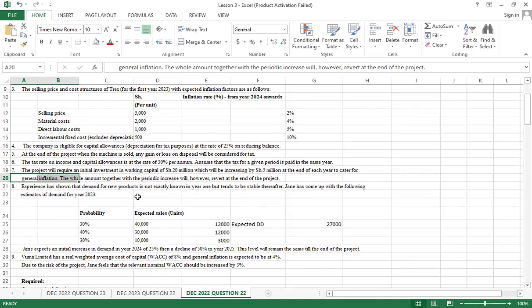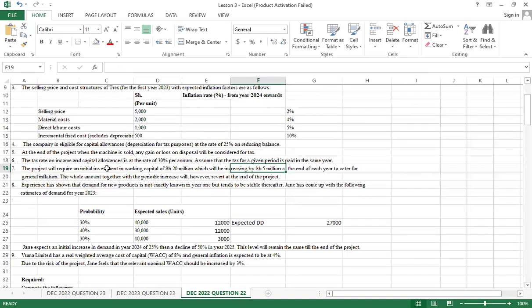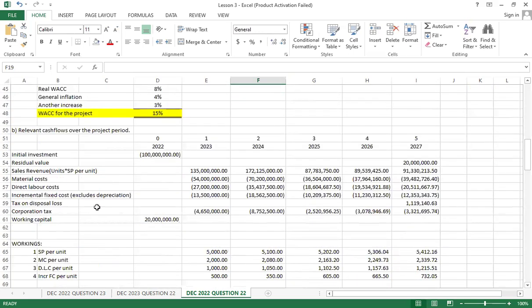Before I deal with the reverting, let's deal with the increase. Allow me to be very clear: if this initial 20 applies in period 0, then it cannot leave period 0. As you come to period 1 and thereafter, you only consider the increase, and the increase is 5 million.